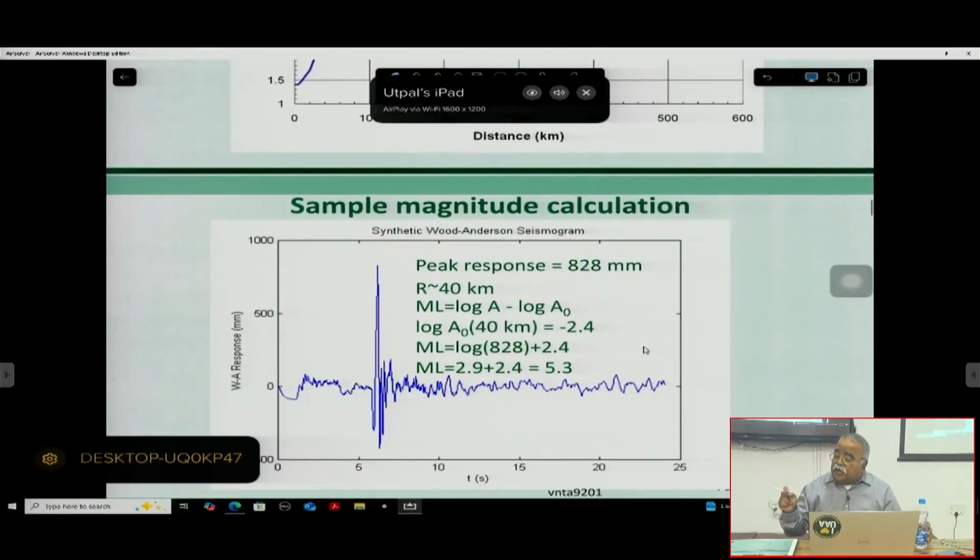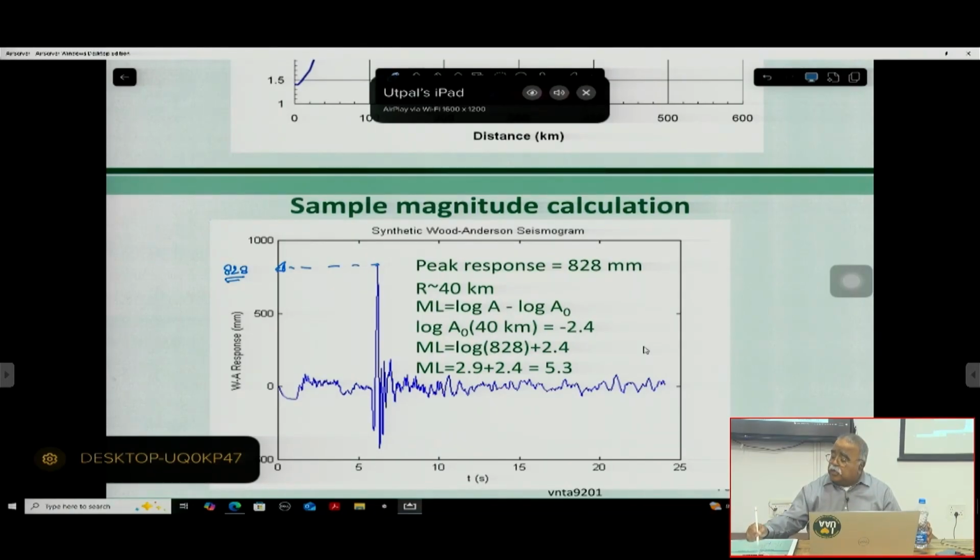Now, if you convert that response, as I said earlier, to a Wood-Anderson seismic response, and then you calculate the peak amplitude from here. So let's see, this value is coming here, and we can calculate this value is around 828. I calculated earlier, so 828 in between.